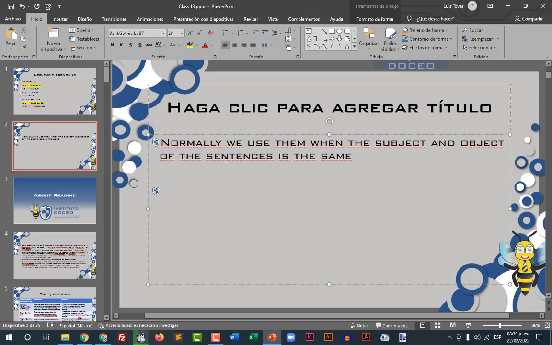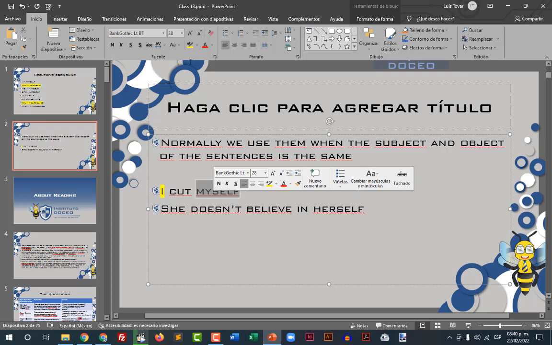For example, I cut myself. Or she doesn't believe in herself. So as you can see here, the subject I is referring to the same person that was cut, which is actually myself.